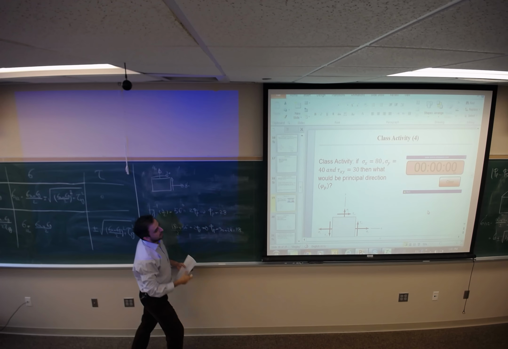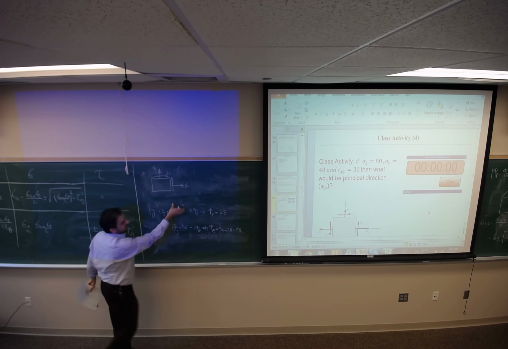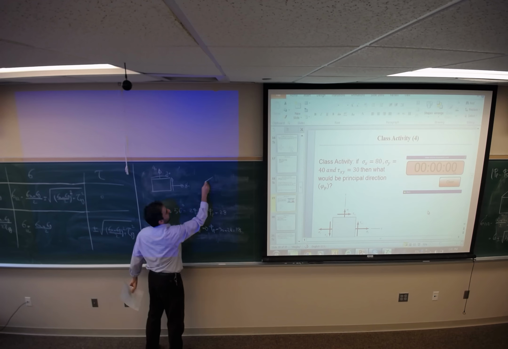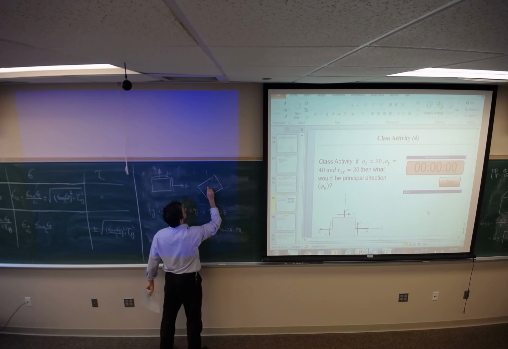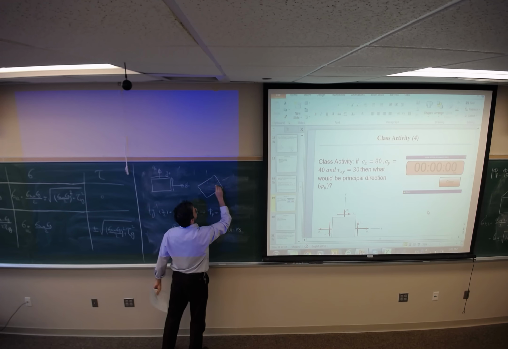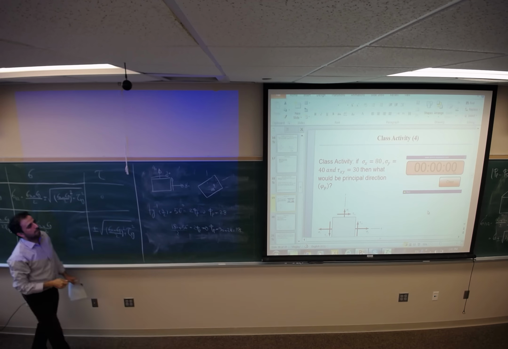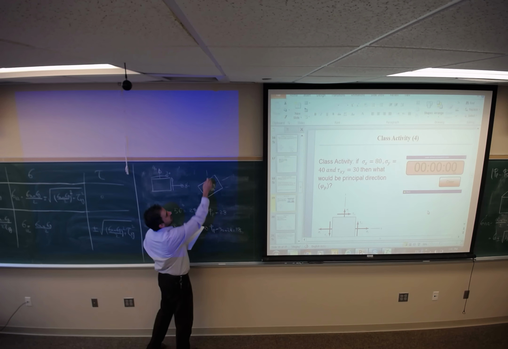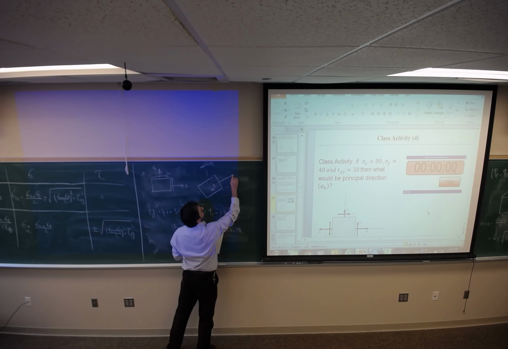But if I cut it at the angle of 28, or if I rotate it by the angle of 28 degrees in the counterclockwise direction, the stress applied in this plane is gonna be 96.